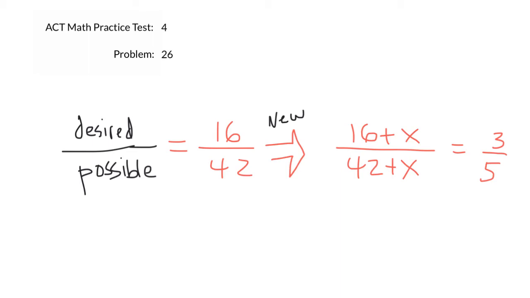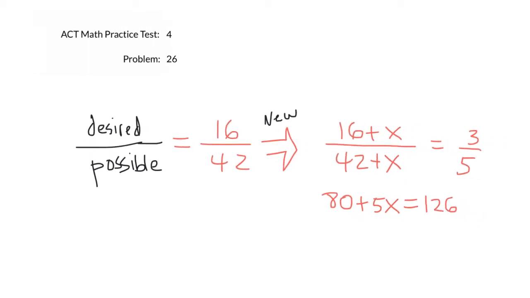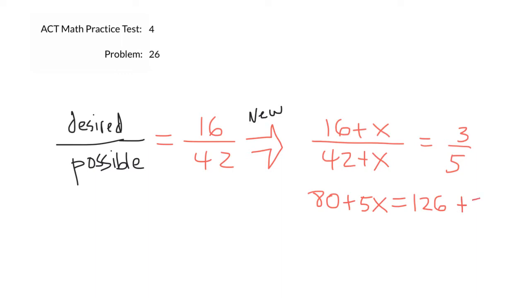So 5 times 16 plus X would give us 80 plus 5X. And 3 times the quantity of 42 plus X would give us 126 plus 3X.